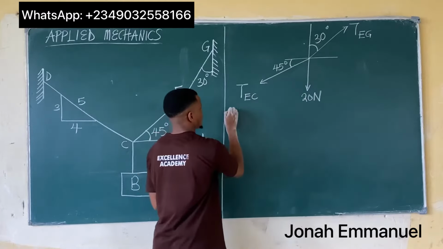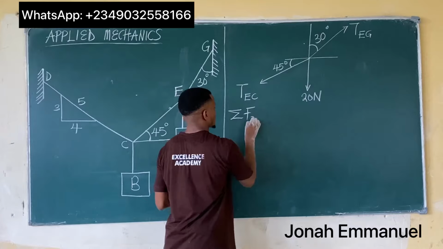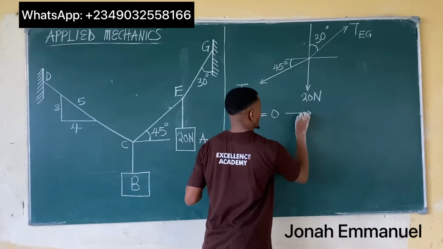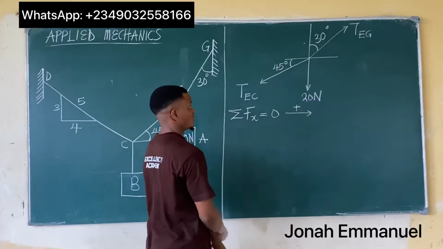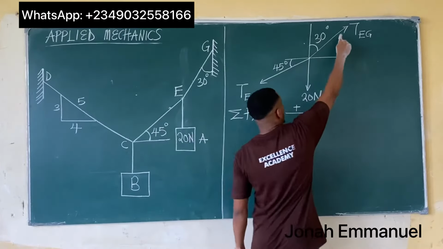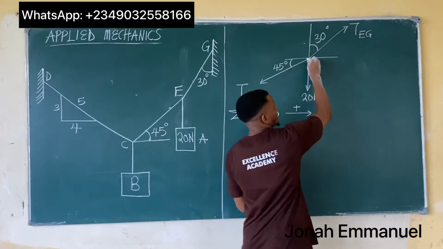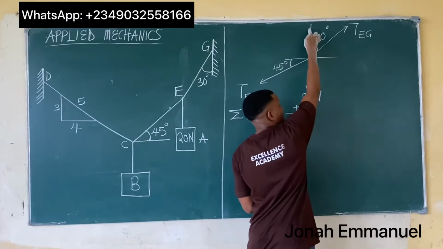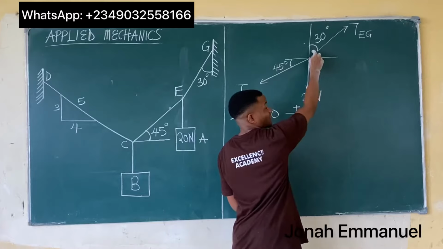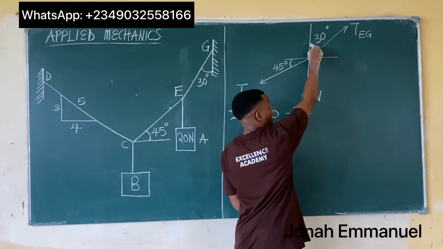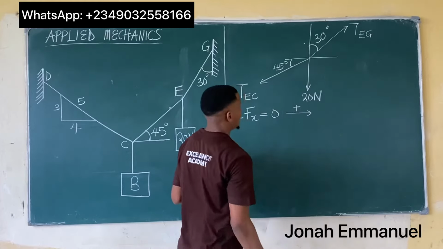So let's look at summation of horizontal forces equal to 0. We're saying this way should be positive. Alright, the direction positive. So what do you have here? We have this one, we have this one. Now, observe that this one is inclined at 30 to the vertical. So you should know how we should resolve this. It now becomes a sine, not a cos, because of the angle of inclination.